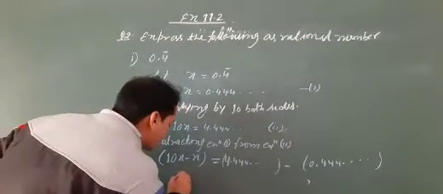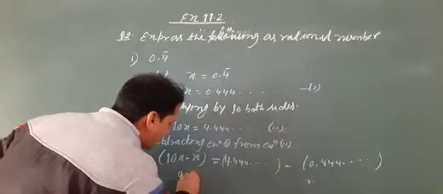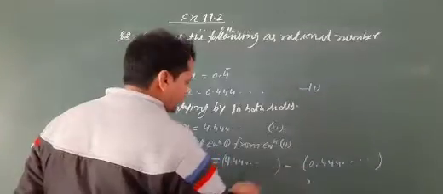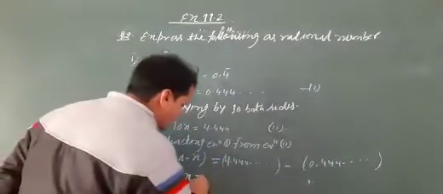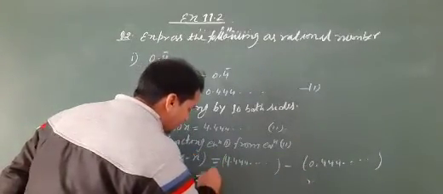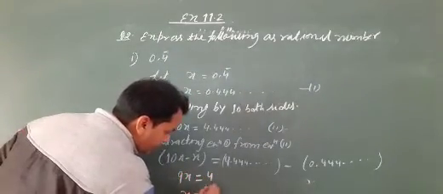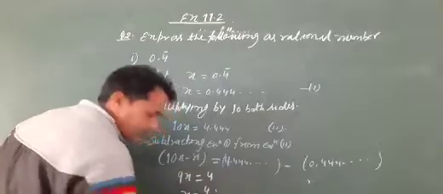After the decimal point the whole number will be cancelled. Then the value of 9x equal to 4, then x equal to 4 by 9.